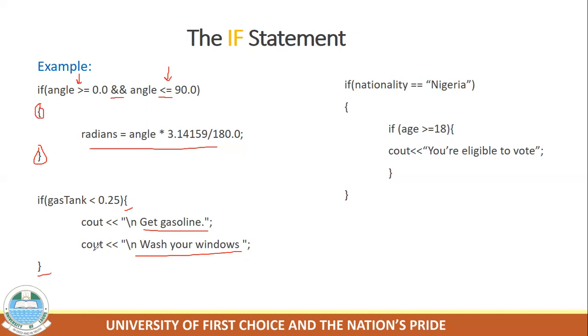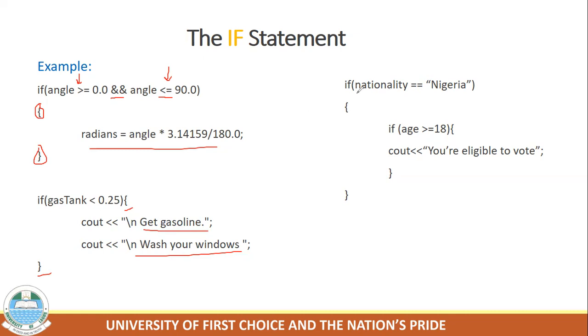The other one will also execute because after executing the first, the test condition has already terminated and the program continues execution. But to guarantee the execution, you always put it in braces. So you can see examples of how we use our if statement.